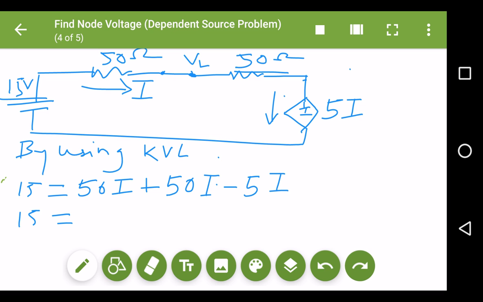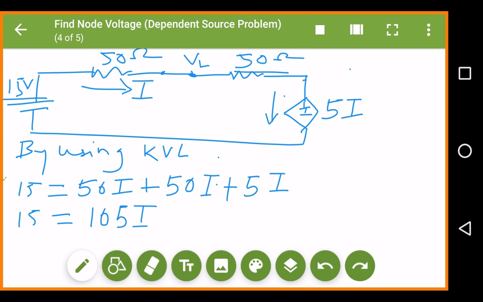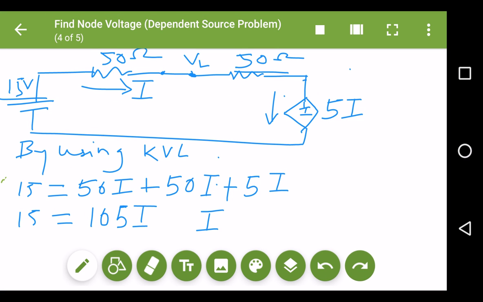Let me correct this one. This is not minus, it is actually plus. So that will give me 10 times I. And in result, my I value becomes 15 upon 10.